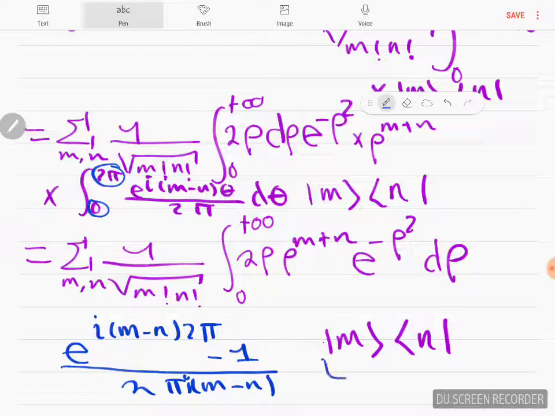So times this mixed product of states m and n.